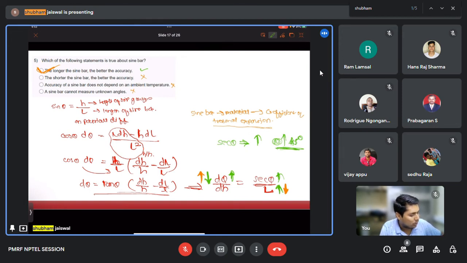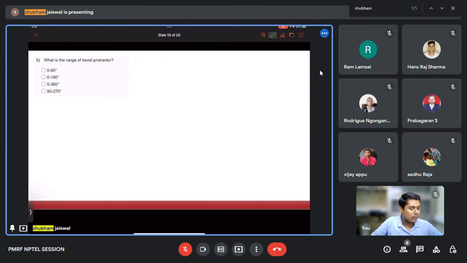Okay. Moving to the next question, what is the range of bevel protector? I think in the lab session sir has shown the bevel protector. So from that you can also tell what is the range of bevel protector.